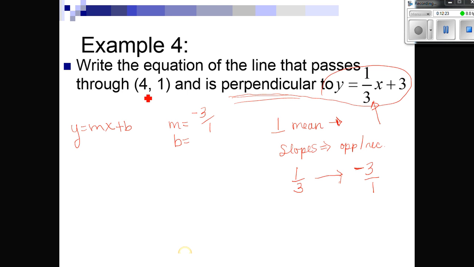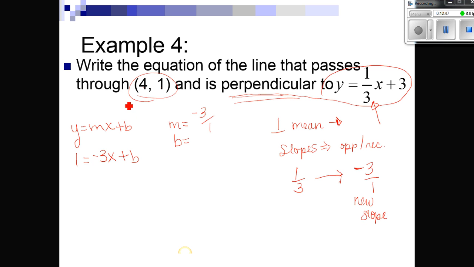Now we can use our random point to find our y-intercept. So we will plug in that random point. The 4 represents the x, the 1 represents the y, and our new slope, remember this was our new slope from the perpendicular line we found, negative 3x plus b.